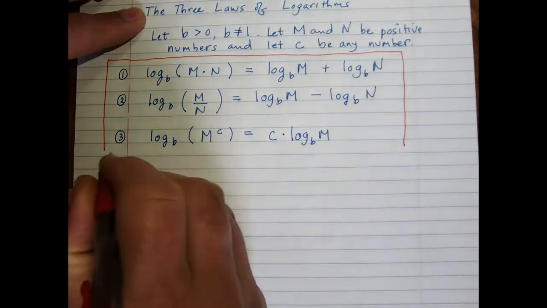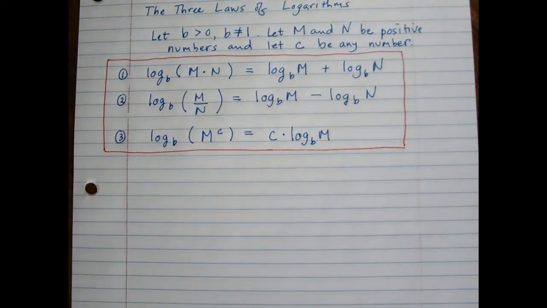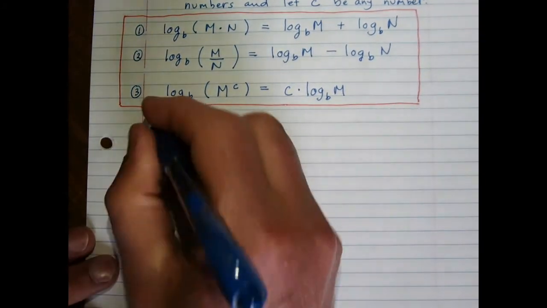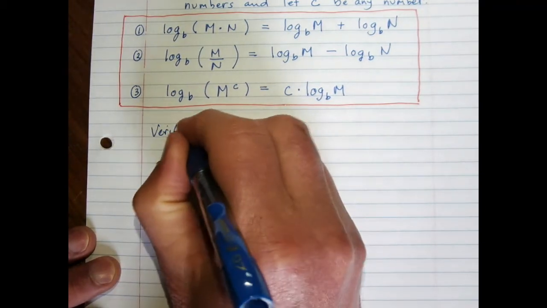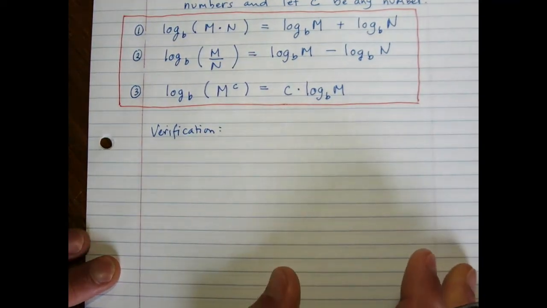So here are 3 laws, and I want to go through a verification of why they're true. And you can skip the verification if you'd like and go right on to the problems. Those will be in our next video.